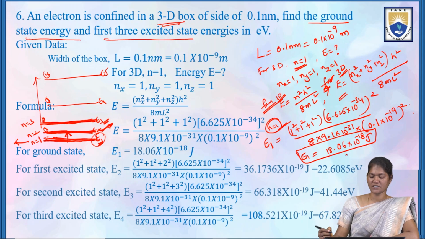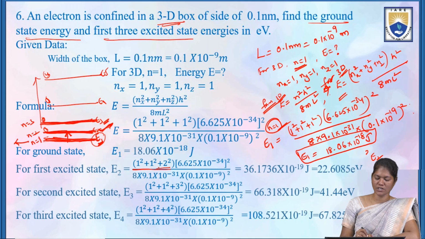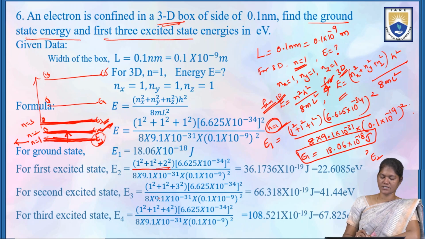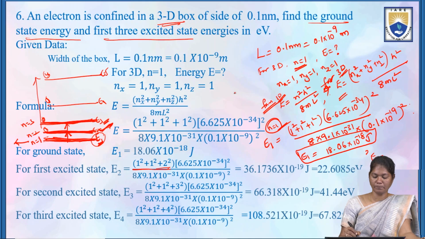So the first excited state means E2. So E2 we will get when n is equal to 2, that is 1 squared plus 1 squared plus 2 squared. The states will be in this way. If we take three dimensions, the particle will be excited in this way.